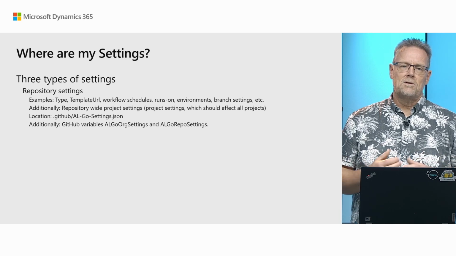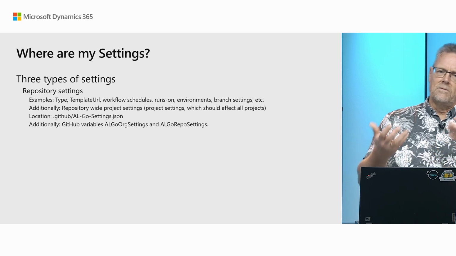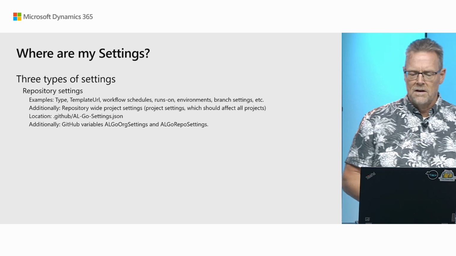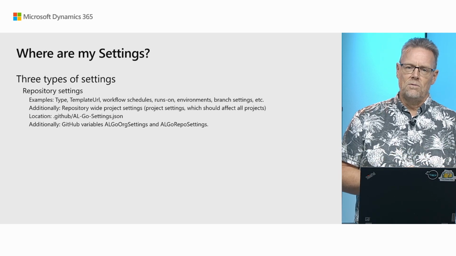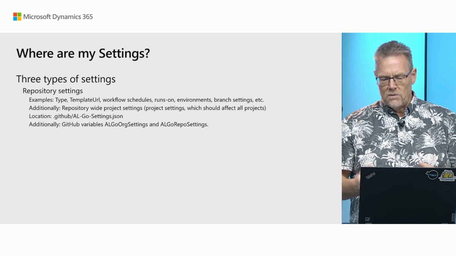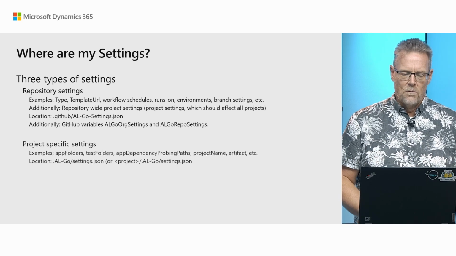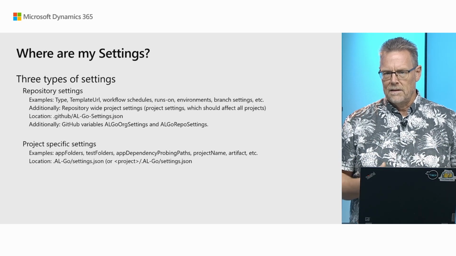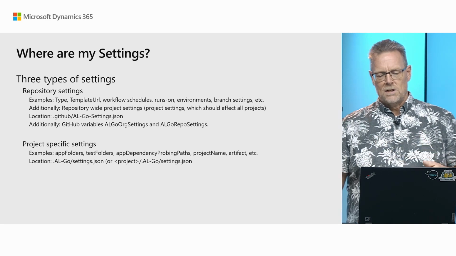If your repository only contains one project, then whether you put things in repository settings or project settings doesn't really matter, because there's only one project. If, however, you have a setup where you have a repository with multiple projects, then you might have project-wide settings, which are placed in the project folder. Like the .algo folder specifies where the project is.